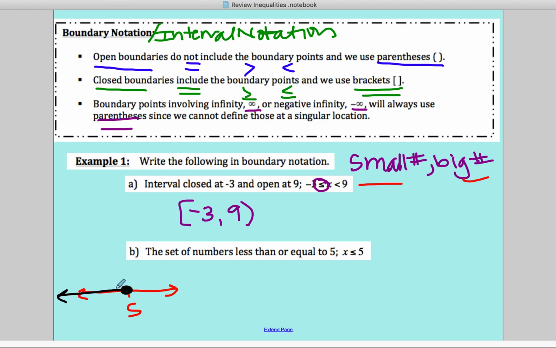If I continue to go all the way to the left, that is negative infinity. So I would have negative infinity, comma, 5. Now, can you actually be negative infinity? No, so we use a parenthesis. And then when I get to 5, it is equal to, so a bracket because it is included. So here is my interval notation for that example.